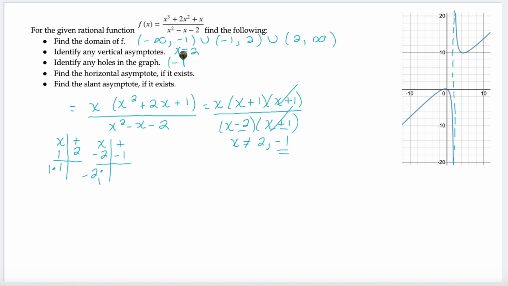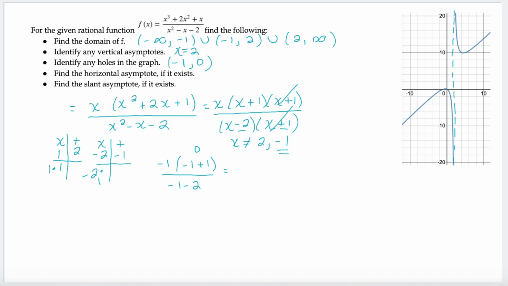We know we can find what that value is by substituting -1 into the simplified version of our function after we have eliminated the common factor. We know that -1 plus 1 will be 0, so anything else will give our solution 0.